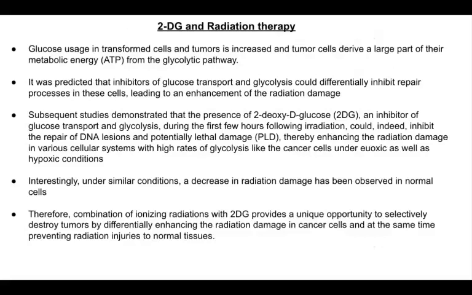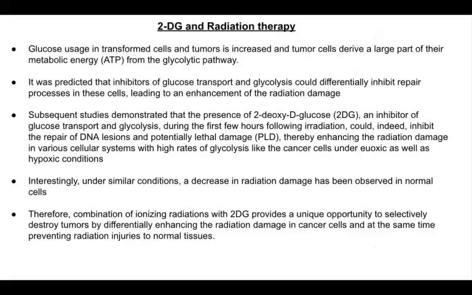Glucose usage in transformed cells and tumors is increased, and tumor cells derive a large part of their metabolic energy from the glycolytic pathway that we've already seen. It was predicted that inhibitors of glucose transport and glycolysis could differentially inhibit repair processes within these cells, leading to an enhancement of the radiation damage. So this was the proposed mechanism.